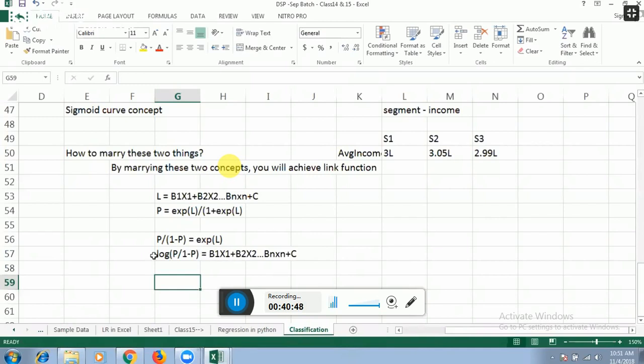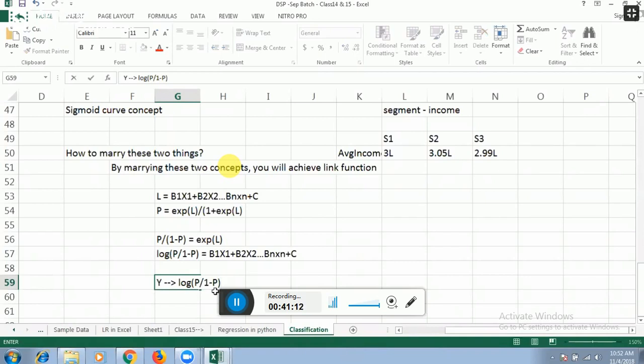Now, what is my left side? If I'm able to convert my y into log of p by 1 minus p, then can I apply this as a linear regression? Am I correct or not?